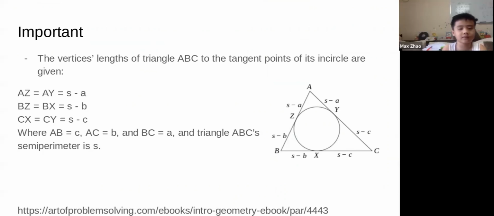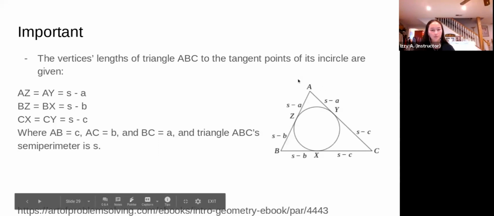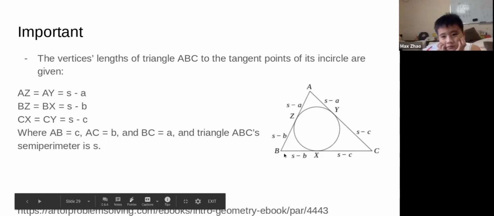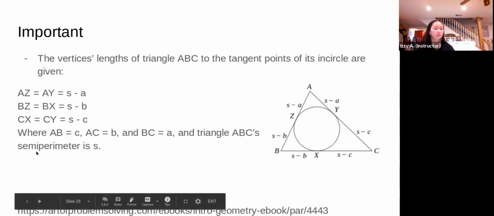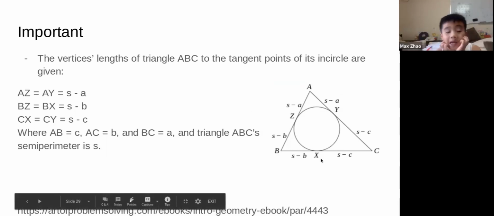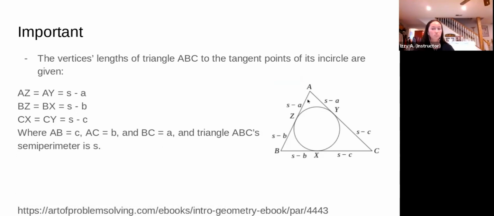So just like the whole circumference of anything, it would be the perimeter of, for example, a triangle, divided by 2. So you would find the perimeter of this triangle and then just divide it by 2. Pretty straightforward, I think.